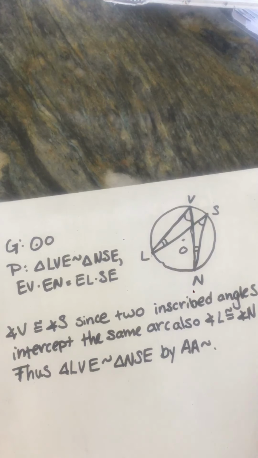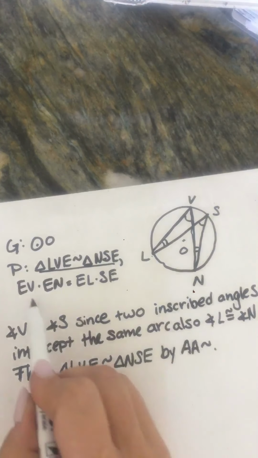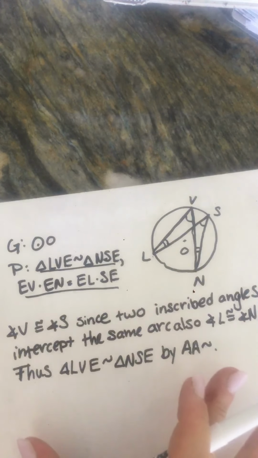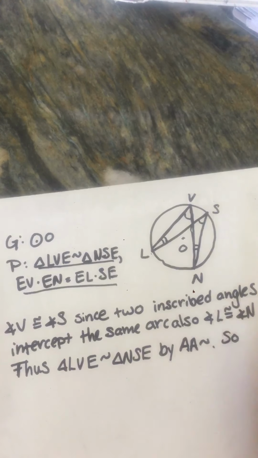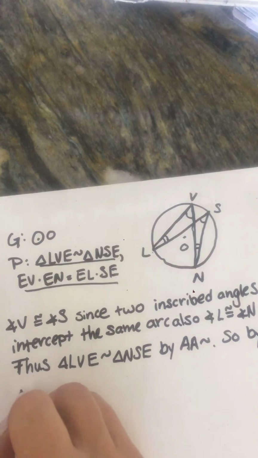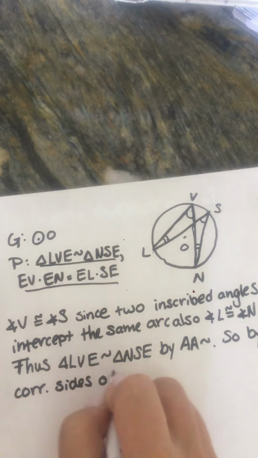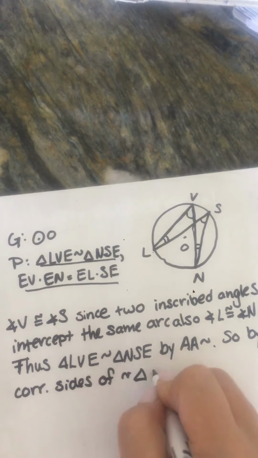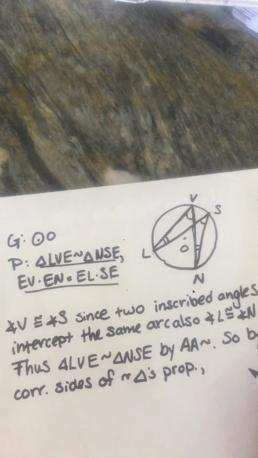And so then let's continue. We did this guy here. This is our first proof. Now let's go ahead and move on to this. So by corresponding sides of similar triangles proportional, we know that, let's see, we have to talk about EV.